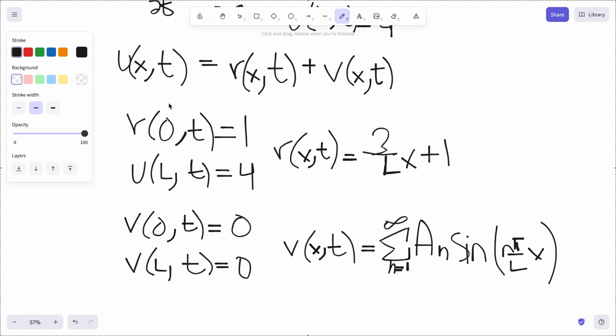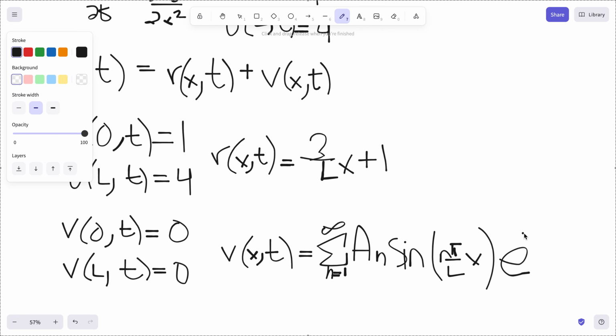I think I skipped a step, but obviously we need to include the t term, so it'd be e to the minus lambda t, where lambda is equal to n pi over L, whole squared.